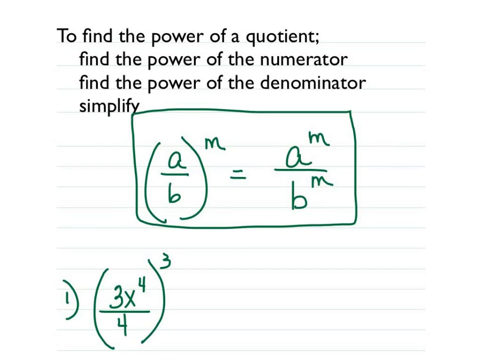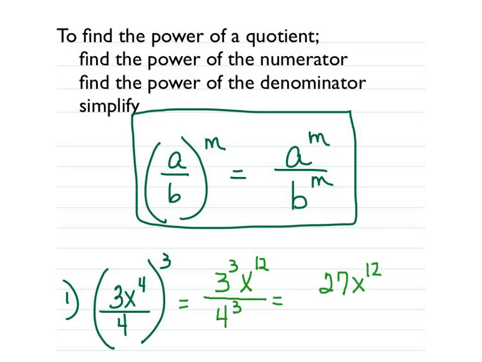Example number 1. 3x to the 4th divided by 4. It equals 3 cubed x to the 12th divided by 4 cubed. Now let's simplify. 3 cubed is 27.